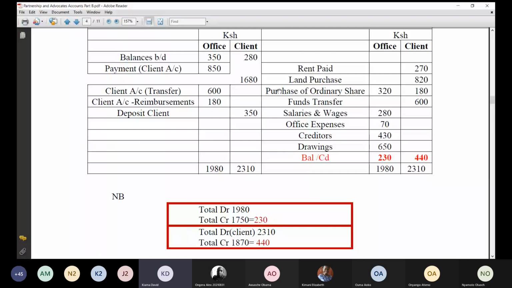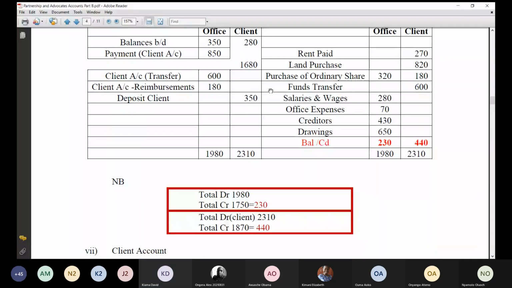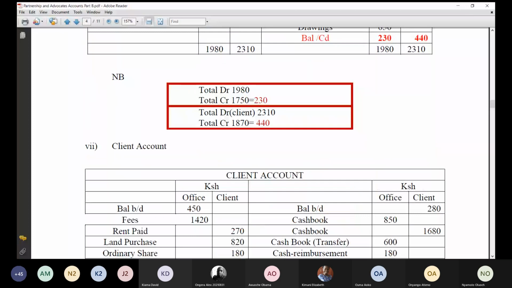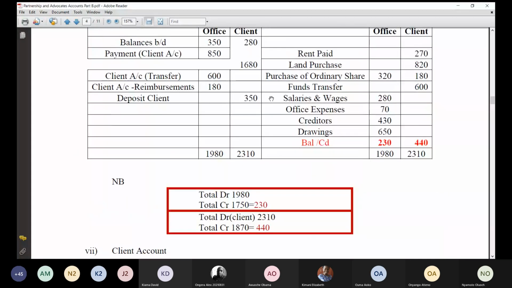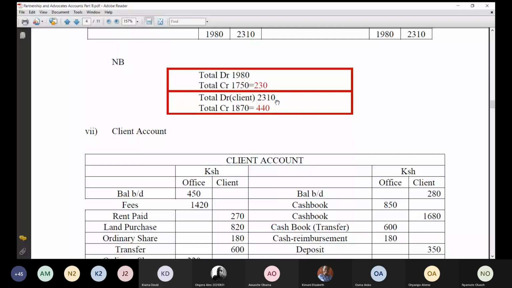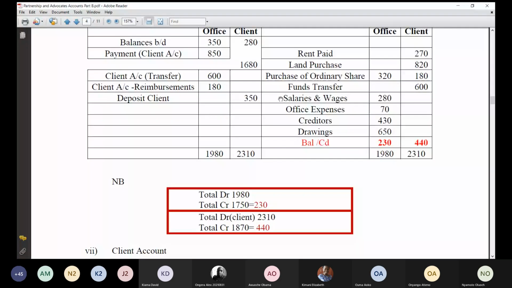That money has been given, it goes to our office side, and the client account, we credit the office side. And that is being done after we've brought down the correct balances. The next transaction, so you are seeing a debit on the cash book, office side, and a credit on the client office side. The next note.